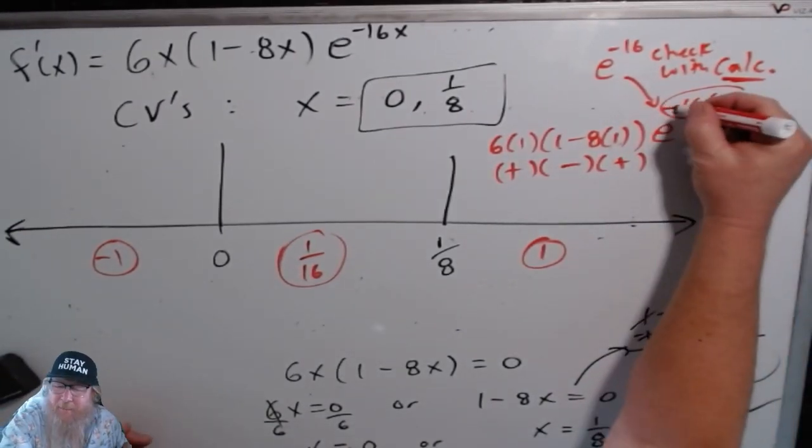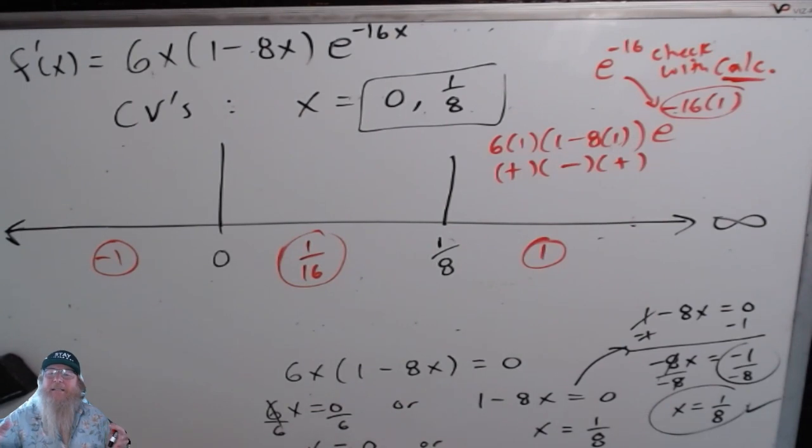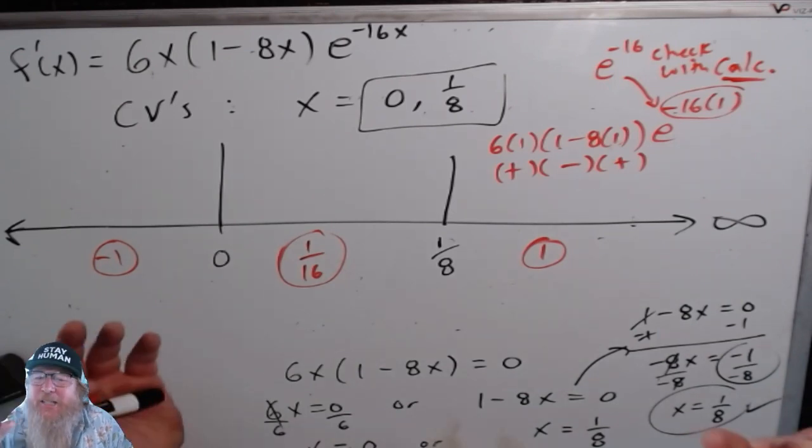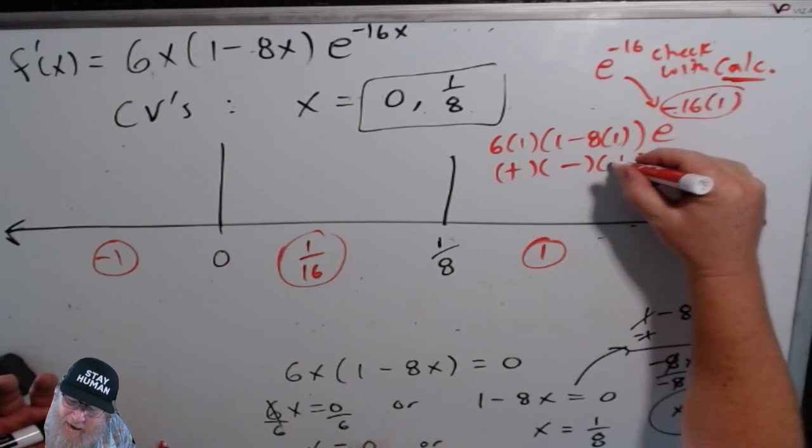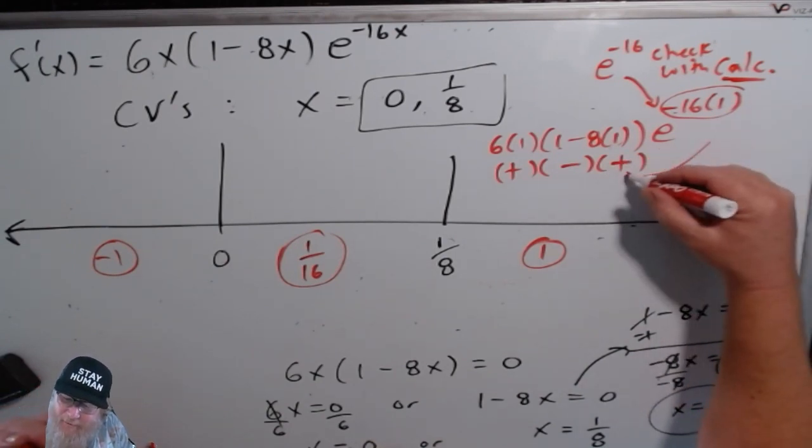The power will be negative, but when you raise a number to a negative power, you don't get a negative number. You get a very small number.